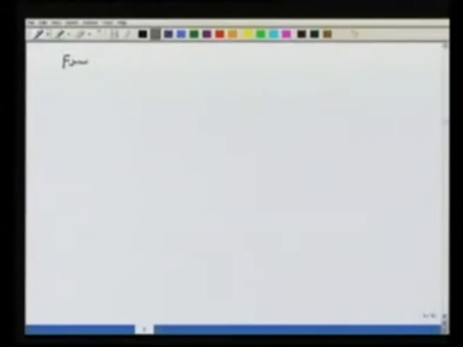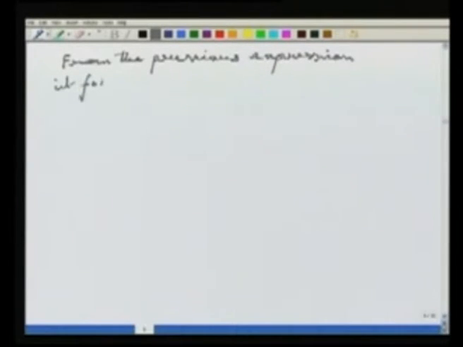So let us note it down. From the previous expression, it follows that for fixed epsilon but small x naught, a smaller delta will work.